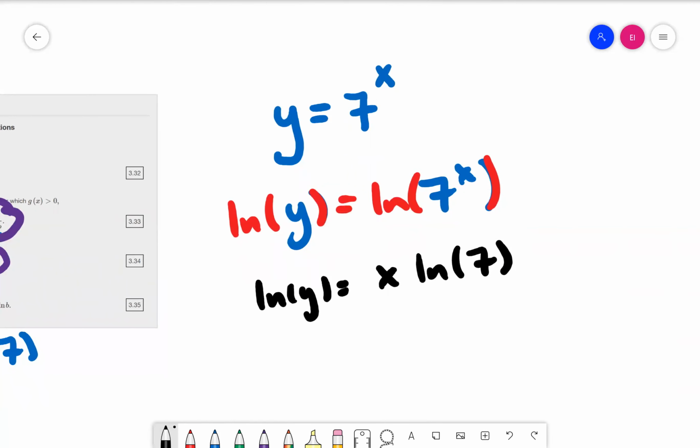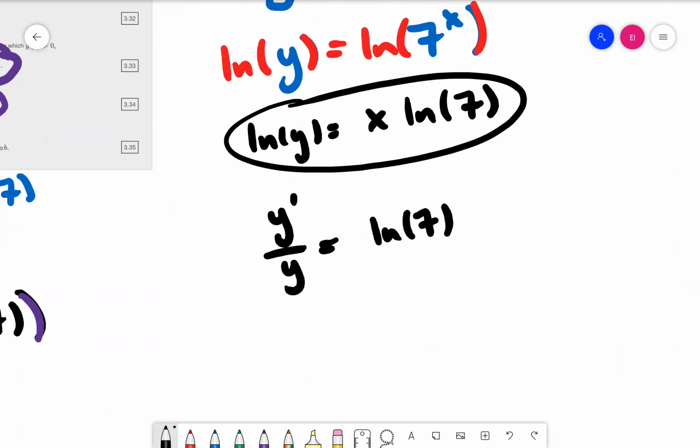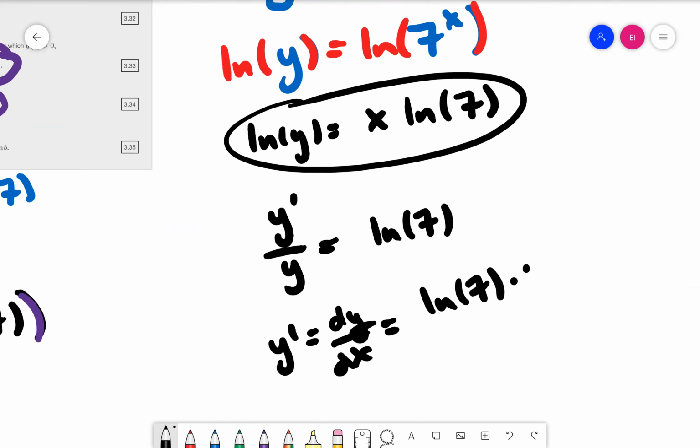So when we take the derivative of this function now, the chain rule says, or the natural logarithm rule says, that's y prime over y on the left. And then on the right, natural log of 7 times x, what's the derivative of that? That's just natural log of 7. Okay, so it looks like y prime, or dy dx, is just natural log of 7 times y.